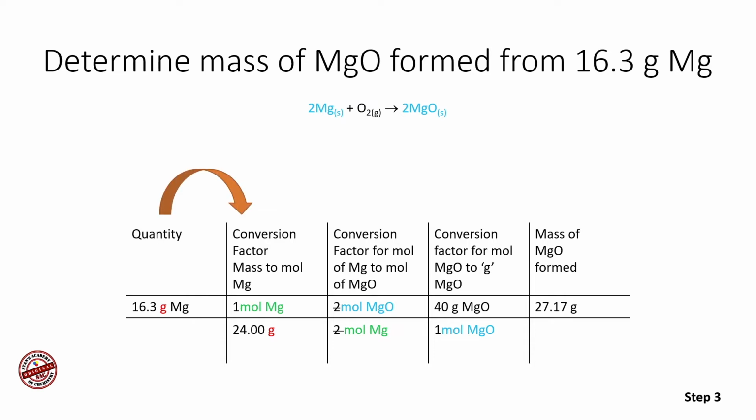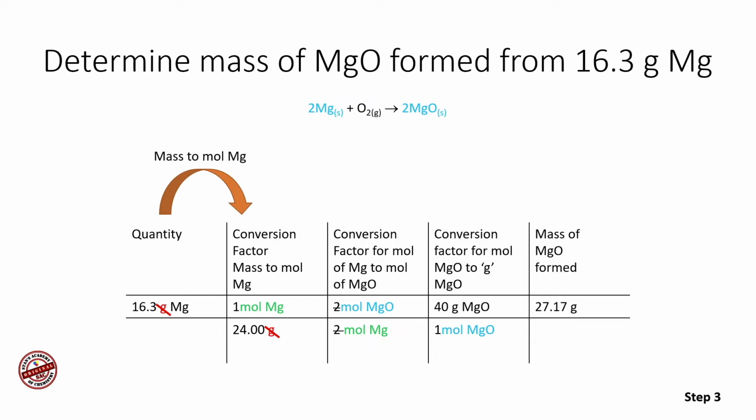So converting the quantity of magnesium in grams to magnesium in moles, we cancel out the common terms. The result of this calculation, dividing 16.3 by 24, will give you the number of moles of magnesium.